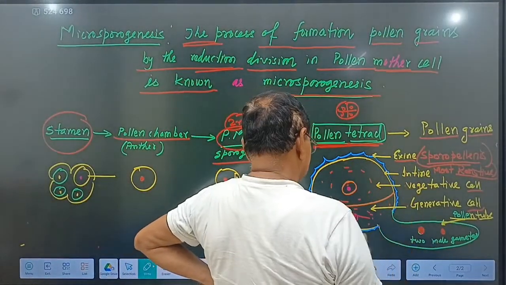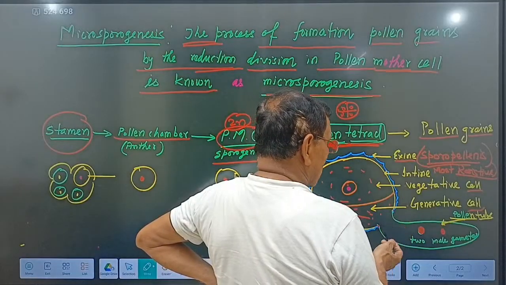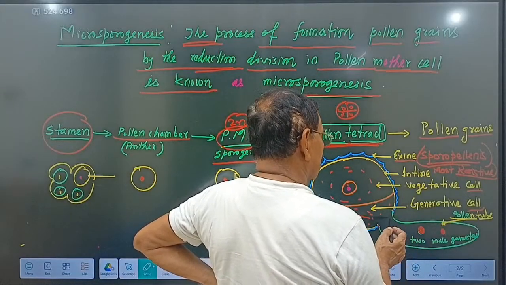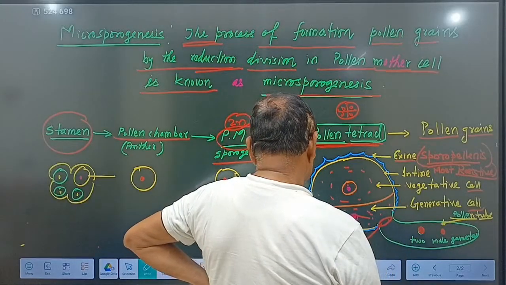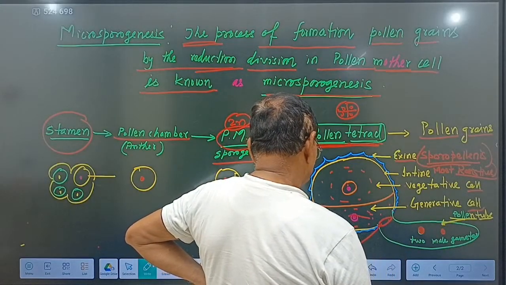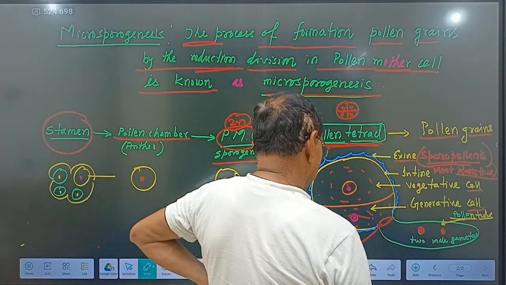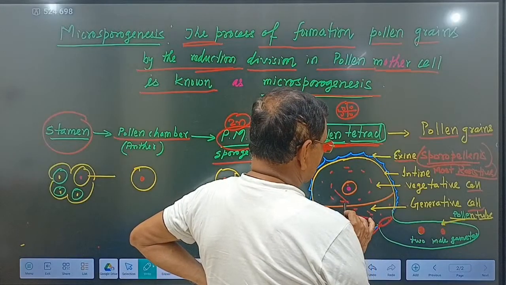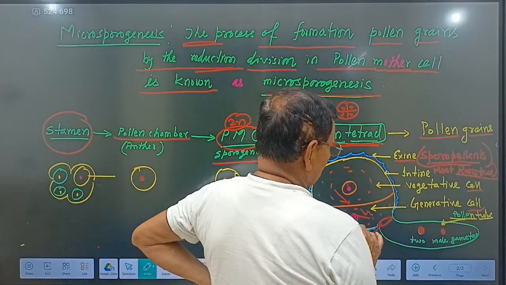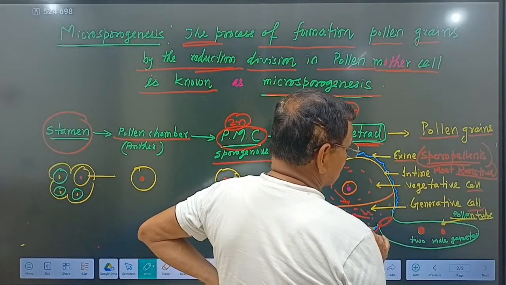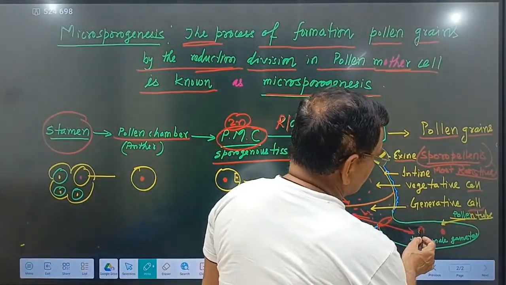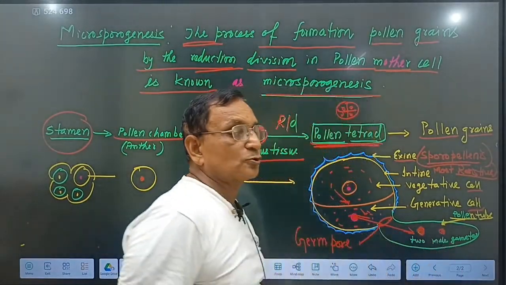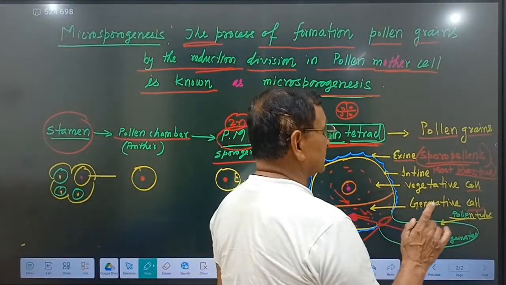They are spinous. Where the sporopollenin is lacking, that area is called the germ pore. Through the germ pore the vegetative cell pushes the generative cell, or the nucleus of the generative cell migrates here. After migration, the nucleus divides mitotically into two male gametes.